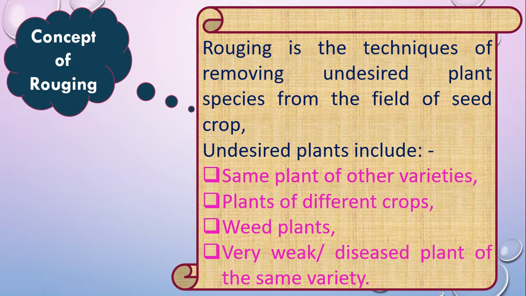For instance, if there is any other crop seed mixed in the desired seed, people will not buy it. For example, if you want to buy some rice seed, and you observe maize seed or mustard seed present in it, then you will not want to buy that one. That is why we have to do the rouging process.